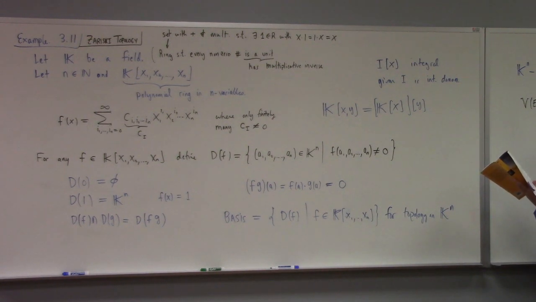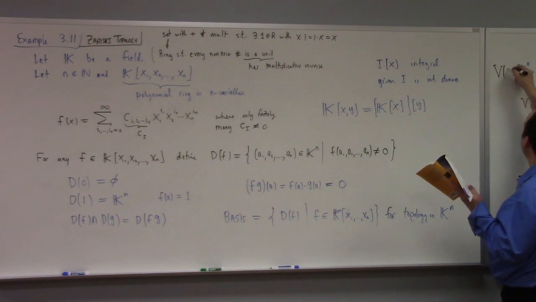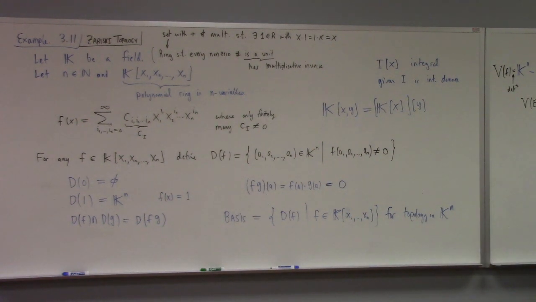So here's this VF. He says VF is the complement of DF. If you take the intersection over the complement for all F in E, what do you get?